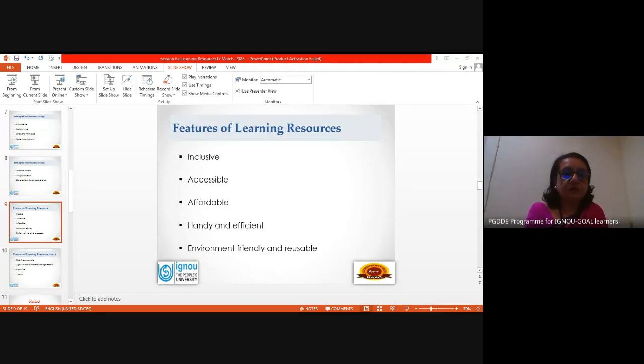So therefore, now things are a little better, because now you have what are called open educational resources. In fact, the whole movement of OERs is exactly this. Please note the word used is open. Open, as we know, open universities are more flexible, open universities are more affordable.